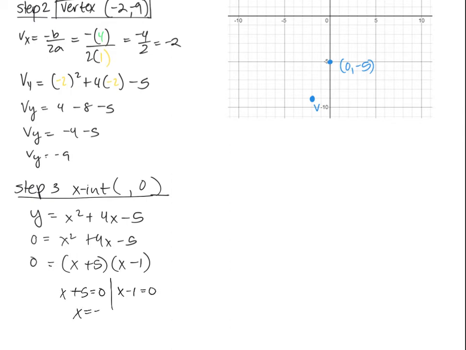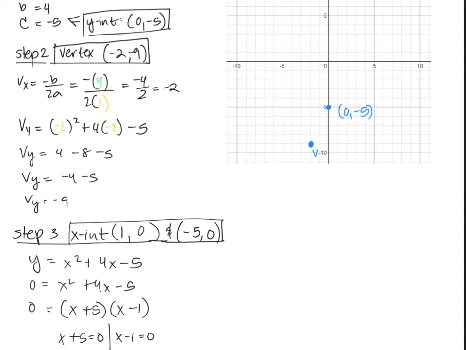Solving for x, I get x equals negative 5, and x equals 1. So we have the x-intercepts 1, 0, and negative 5, 0. Okay, I'll go ahead and box those. And let's graph those. Negative 5, 0, and 1, 0.